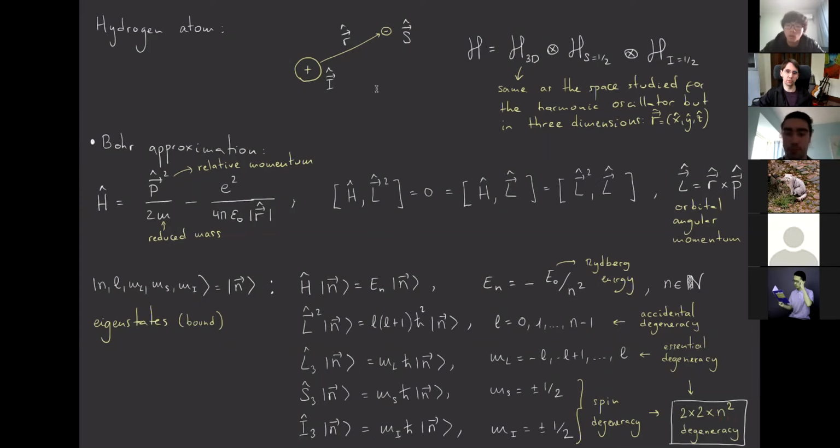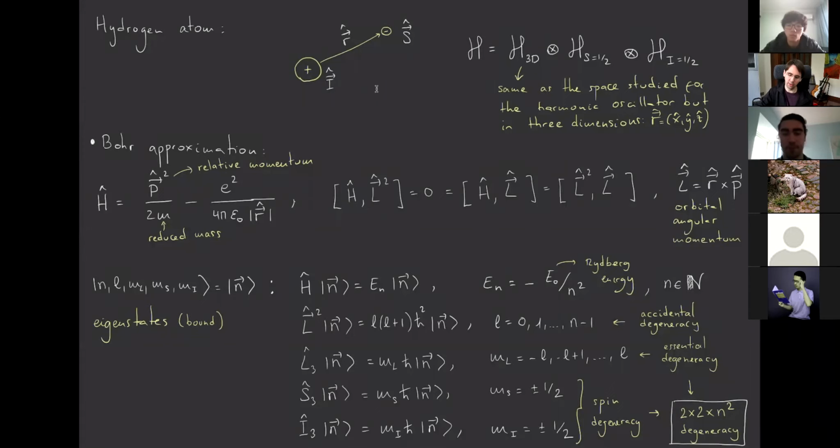What we are going to see now is that this is within the Bohr approximation, but once we start including better and better approximations to the Hamiltonian, all these degeneracies are completely lifted. So let's go to it.